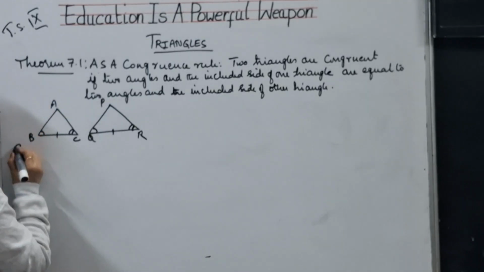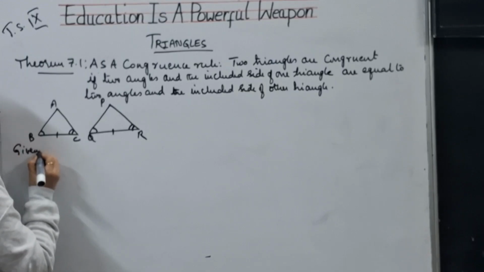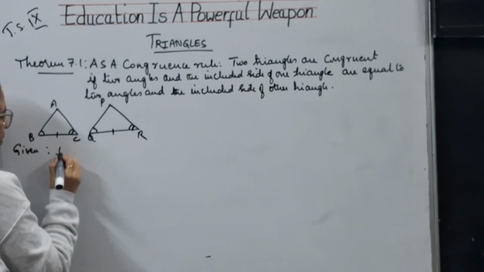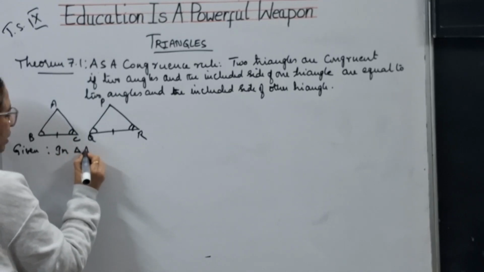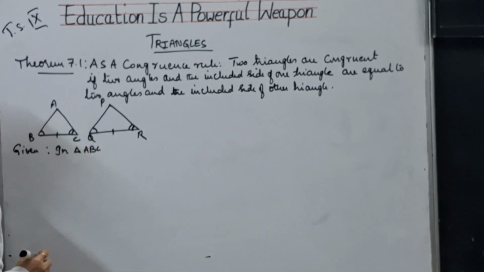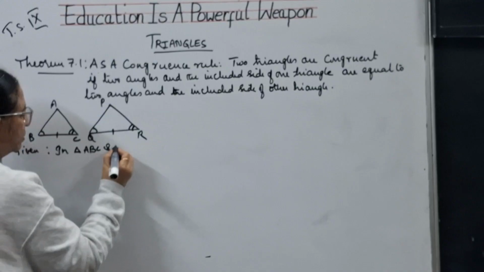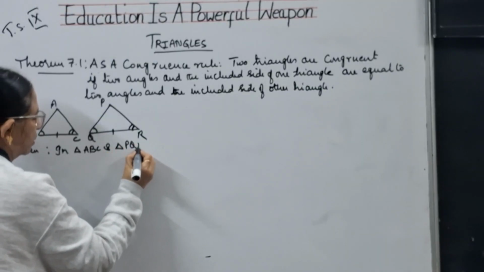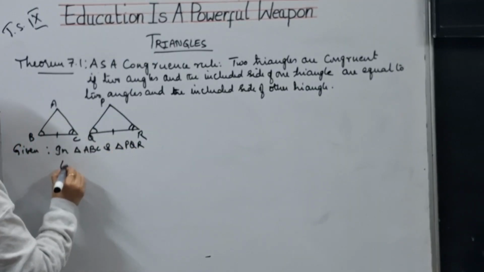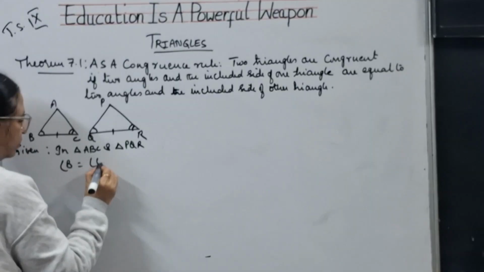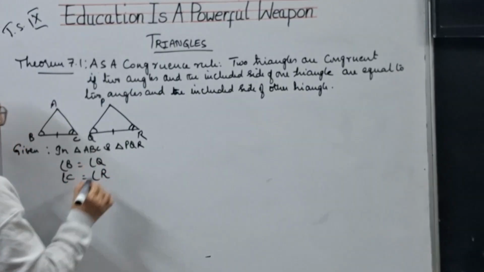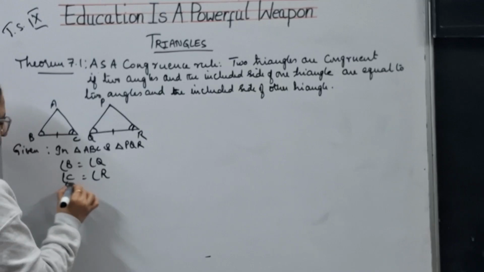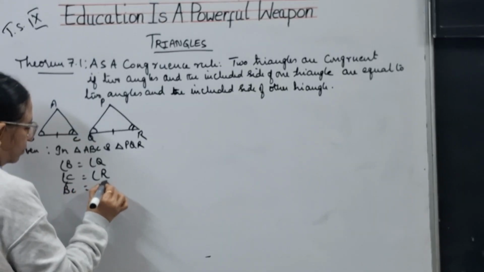So what is given to us? In triangle ABC and triangle PQR, angle B is equal to angle Q, angle C is equal to angle R, and BC is equal to QR.